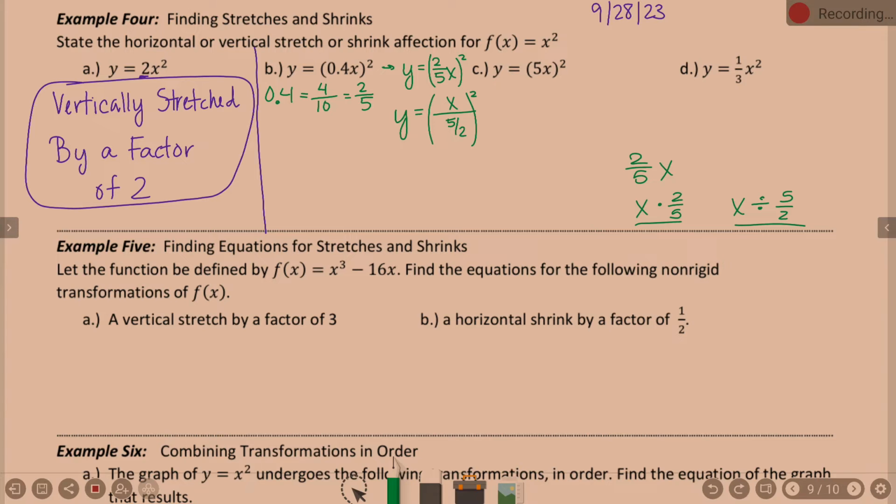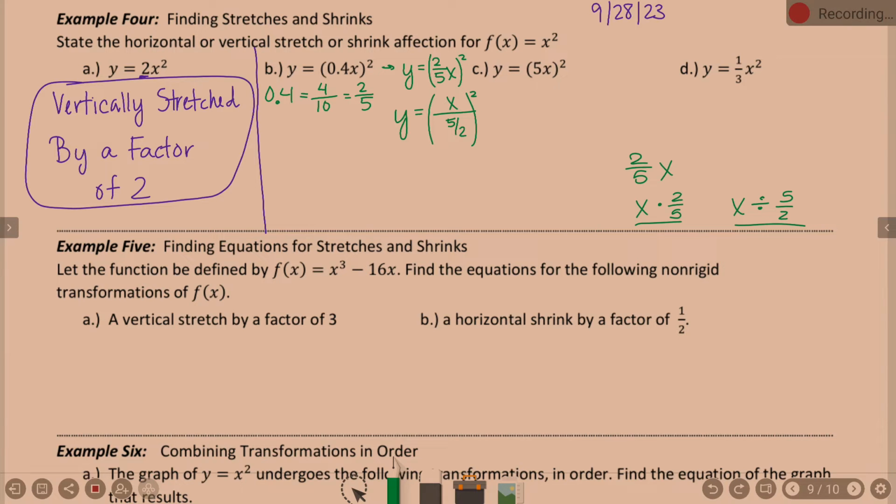Now, based on this form, we can now talk horizontal, because you've got the x divided by a value. What is this? Shrink. Why? Because the original was 2/5. The original was 2/5, but what is it right now?